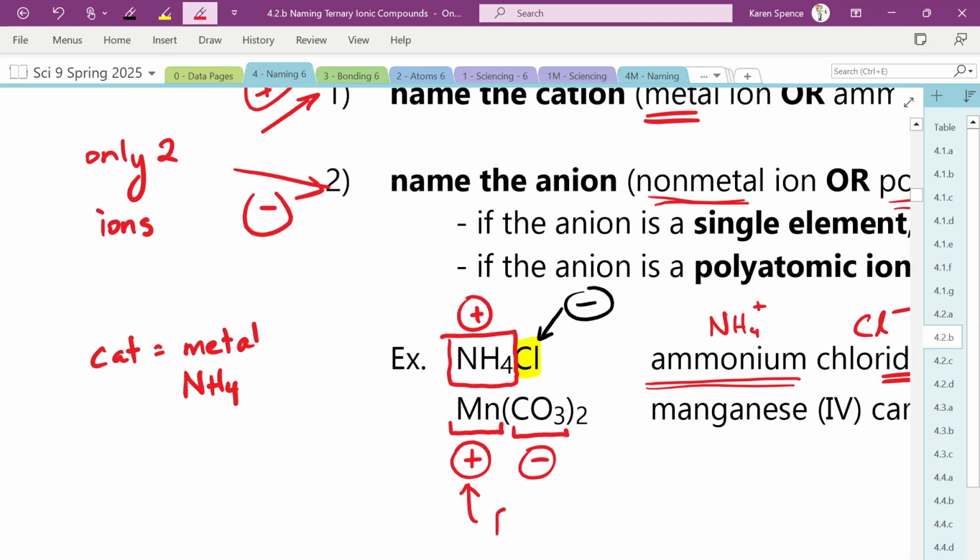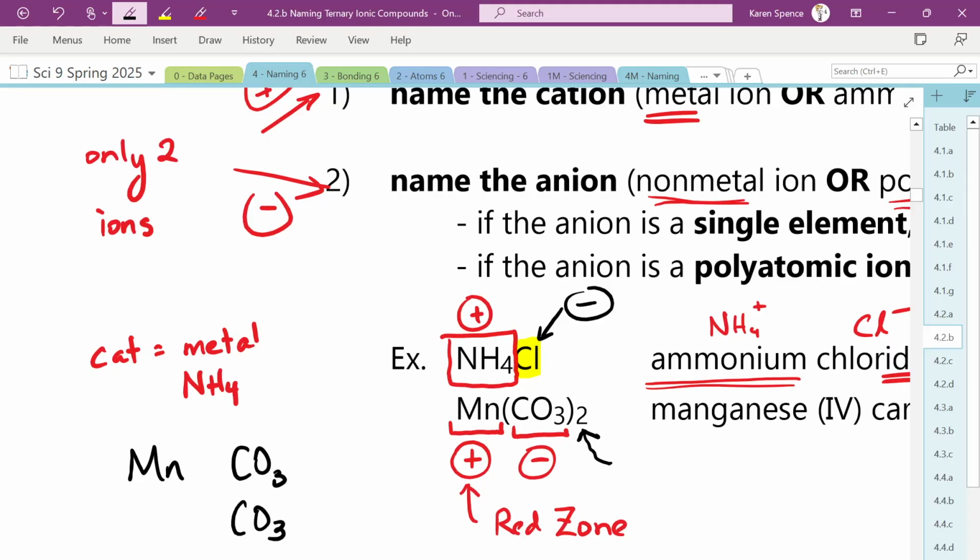Manganese is in the red zone. That means we need a Roman numeral with manganese. So we're going to write out Mn, and I just have 1 manganese, yes? How many CO3s do I have? We have 2 CO3s. So we're going to write out CO3.